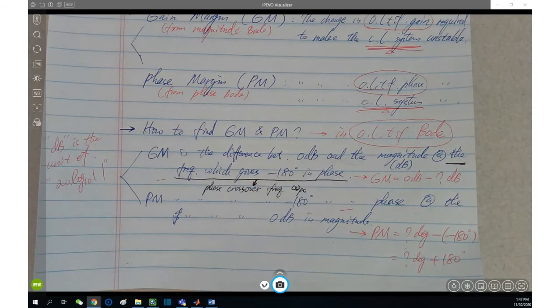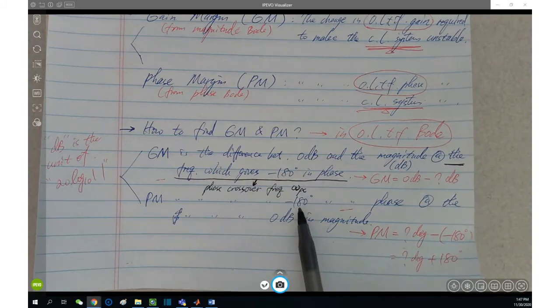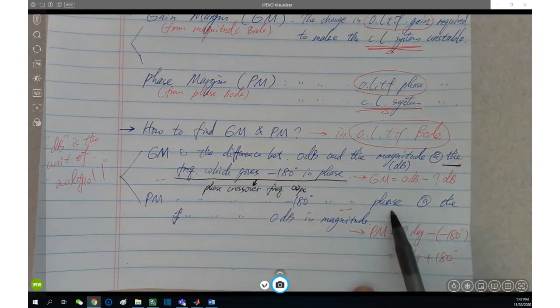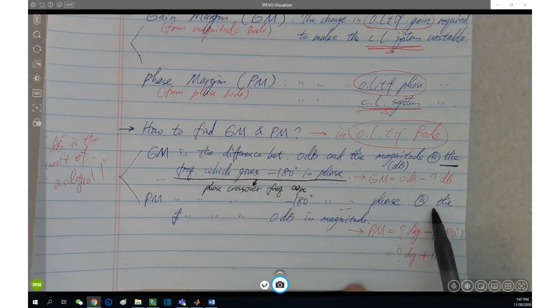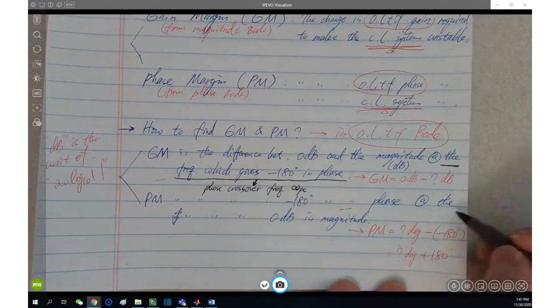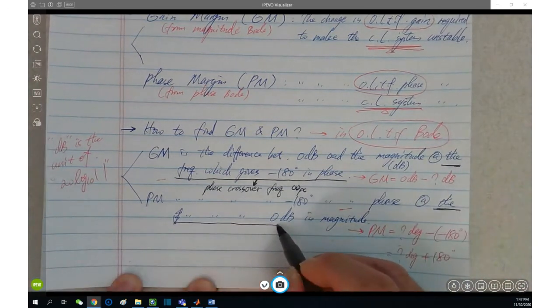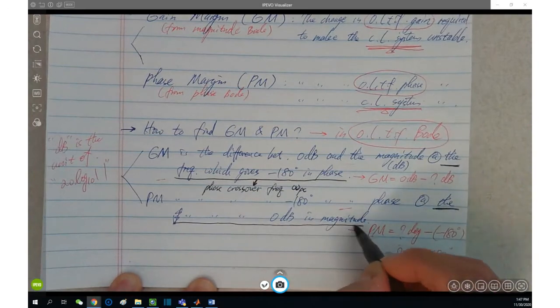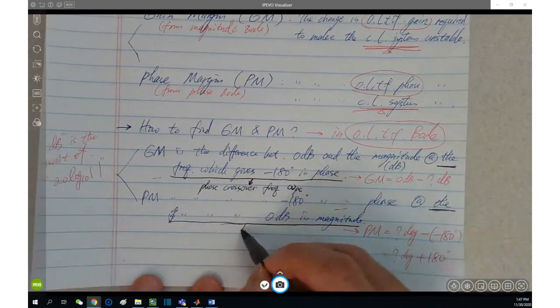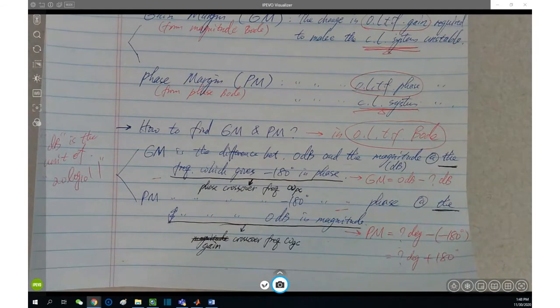And in PM, we are looking for the difference between the negative 180 degree and the phase at the frequency which gives you 0 dB in magnitude. The frequency which gives you 0 dB in magnitude is called gain crossover frequency, omega GC. The subscript here is GC, so G represents the gain.